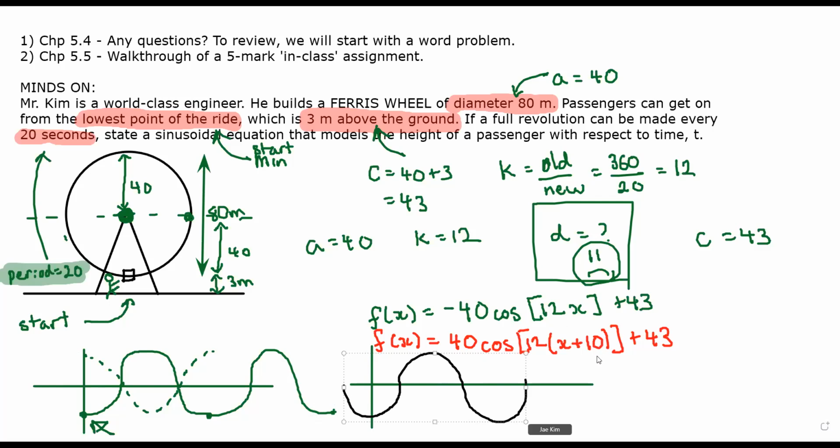So since I moved left for the cosine function, how about I move 1/4 to the right this time? If I used my sine function, I would give full marks if you gave me 40 sine 12, and then a quarter of a period to the right, a quarter of 20. So 1/4 of 20 would be 5. I am moving 5 to the right plus 43. All of these are correct.